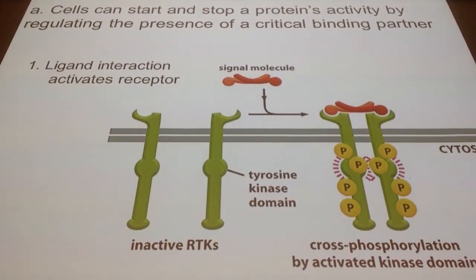Then in the dimer form, this dimer can now undergo phosphorylation of itself. One molecule phosphorylates the other. It's cross-phosphorylation. There's another term called autophosphorylation.